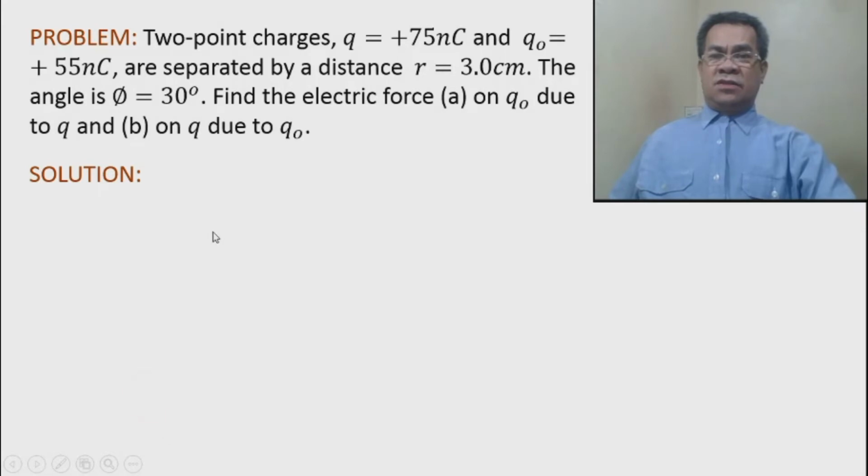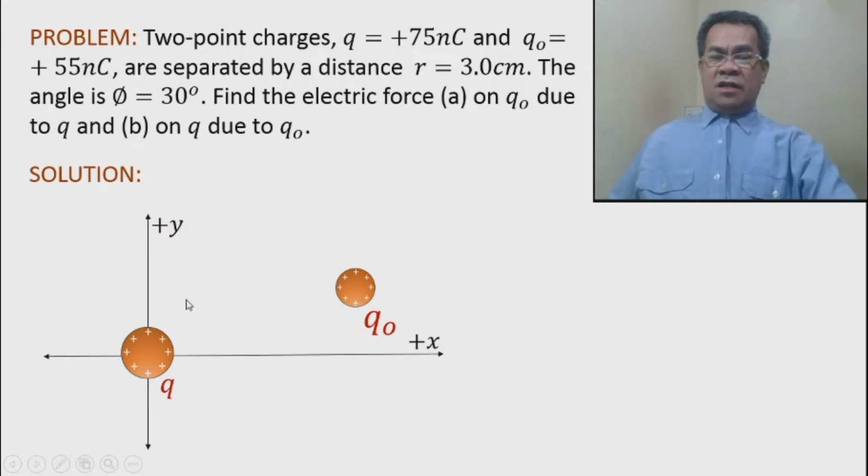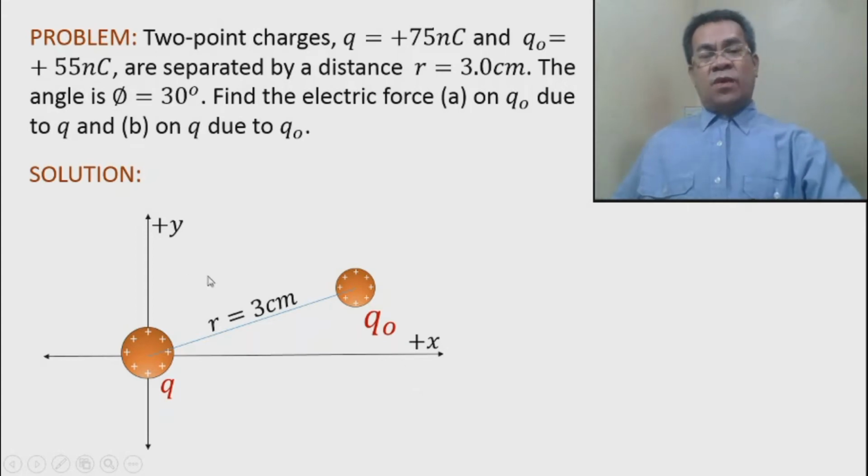Okay, so this is the figure. We have this charge, take note, this is 75 nanocoulomb, and we have another charge Q naught, which is 55 nanocoulomb, and they are separated by a distance of 3 centimeters, and this is lying on the two-dimensional axes. We have x, y, and the angle is actually coming from x.